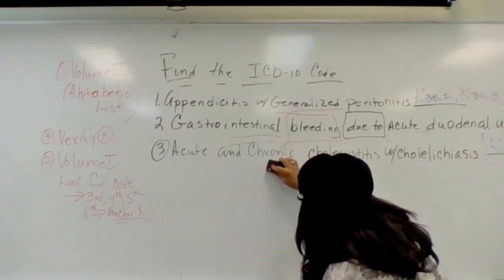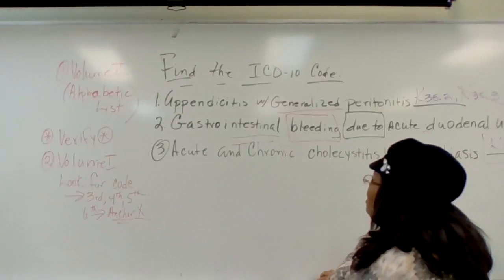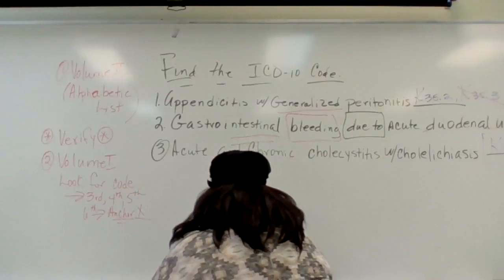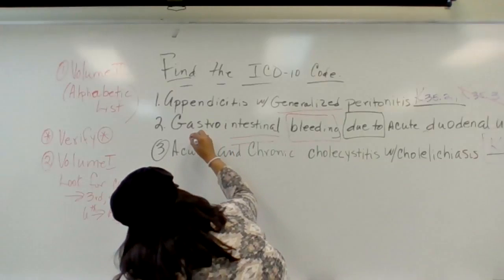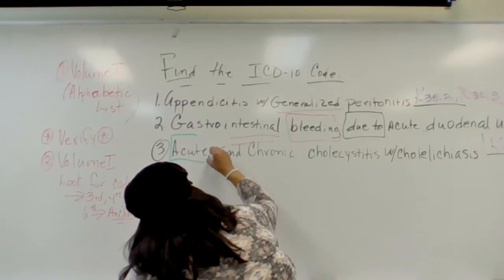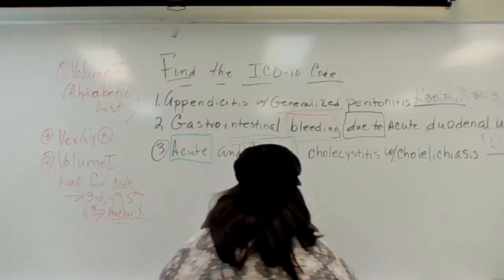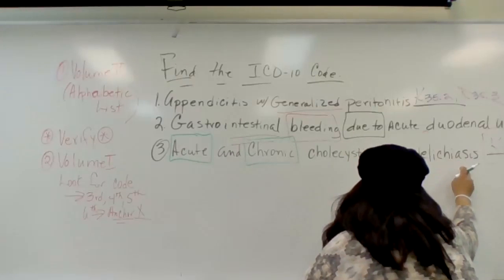Okay, so let's kind of erase around this so don't be confused. Would this be two codes? Possibly, yes. I'm glad you asked, Chris. We are speaking of acute and we're speaking of chronic cholecystitis with cholelithiasis.